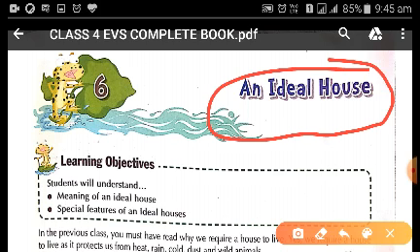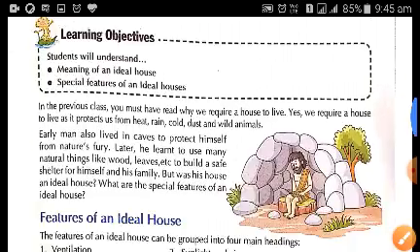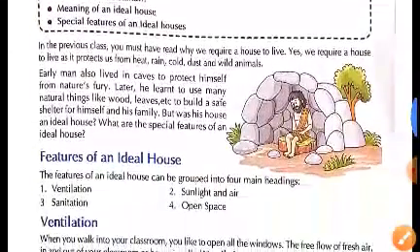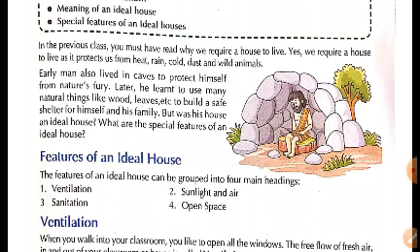Children, in this chapter we had already studied about early man. In the beginning, early man moved from place to place in search of food, but later on they also realized that there should be a shelter which will protect them from different wild animals as well as from nature's fury.